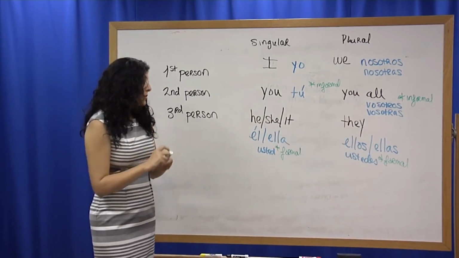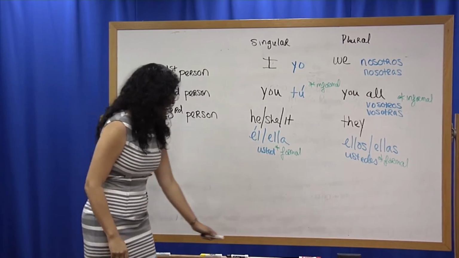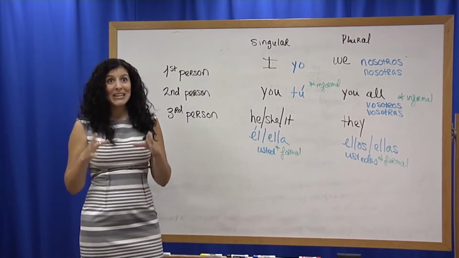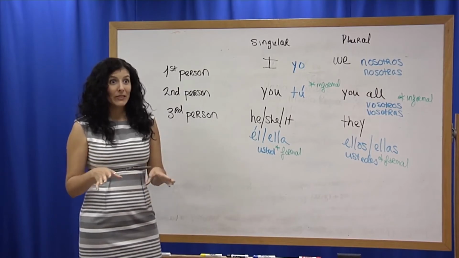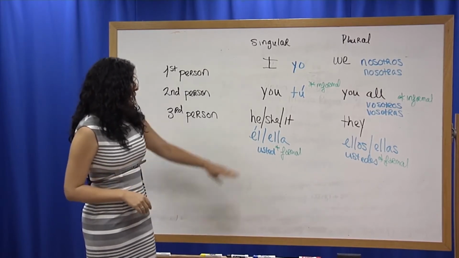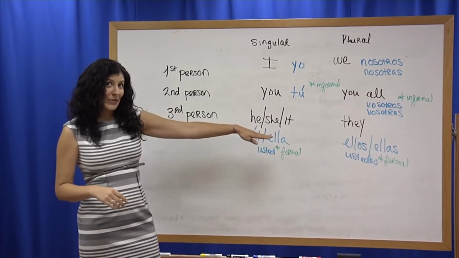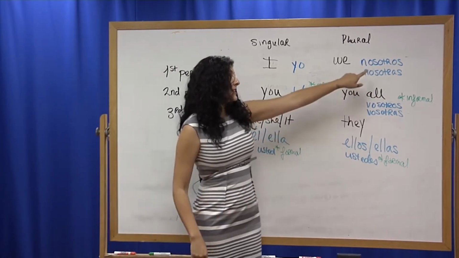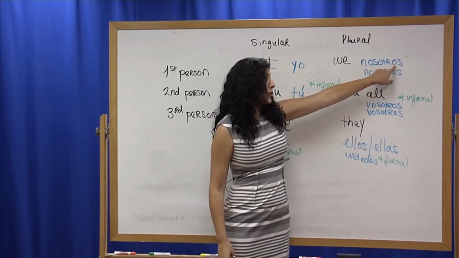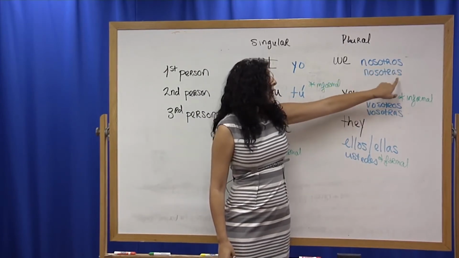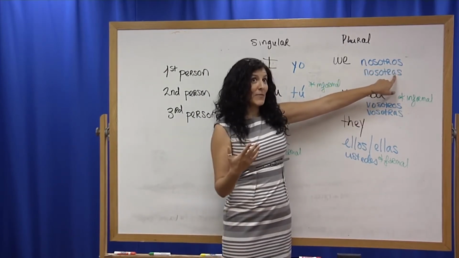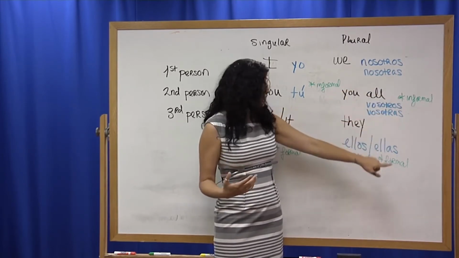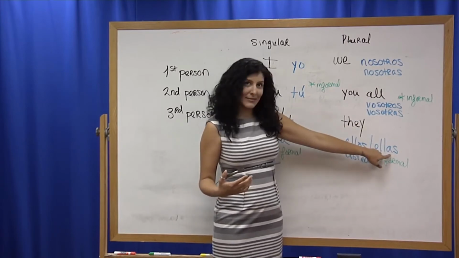One thing, though, it is important to note about the personal pronouns in Spanish is that there are more cases of feminine and masculine than there are in English. You will notice, right, he and she are masculine and feminine, but also masculine and feminine is nosotros, nosotras, vosotros, vosotras, ellos, and ellas.